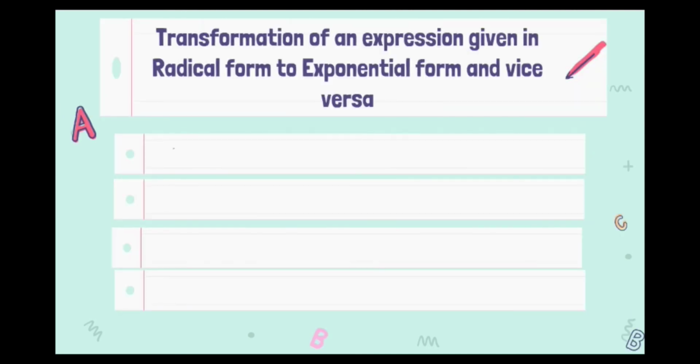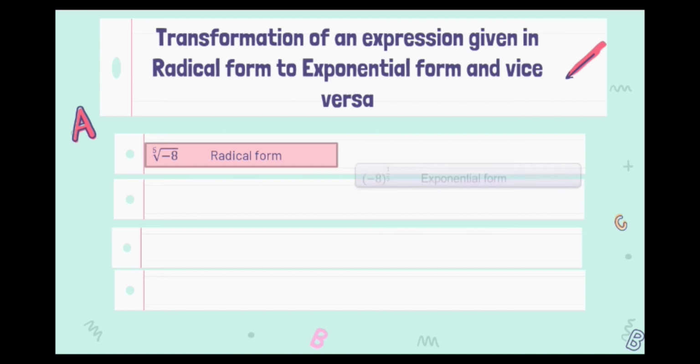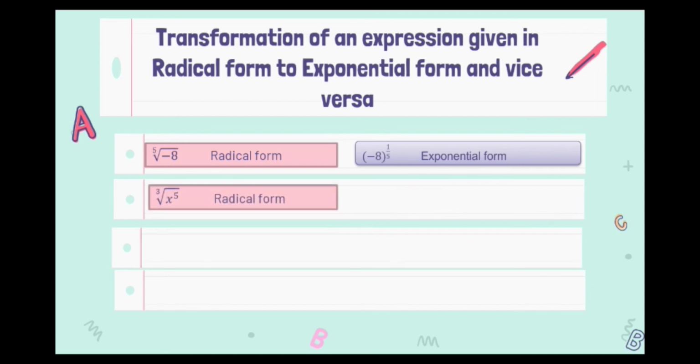Transformation of an expression given in radical form to exponential form and vice versa. The first value is fifth root of minus 8. It is a radical form. Its exponential form is minus 8 raised to power 1 by 5. The next value is cube root of x raised to power 5.